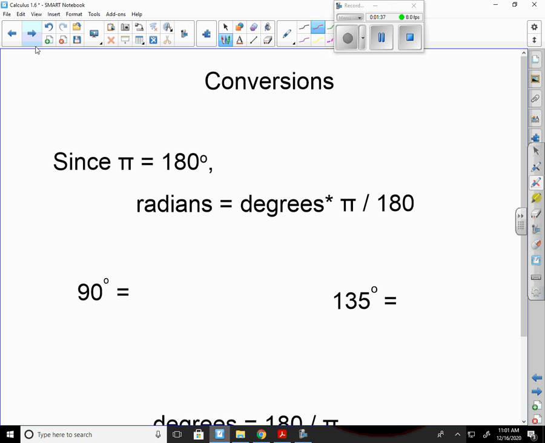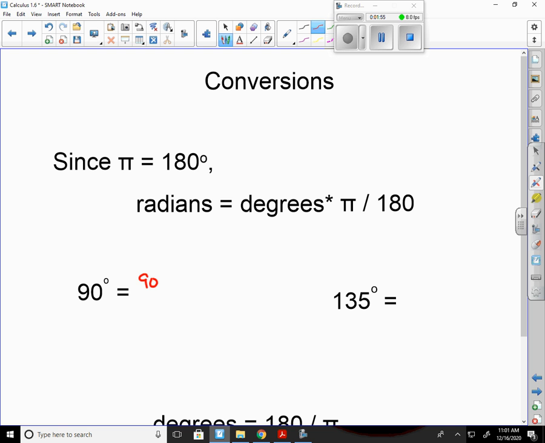Now, conversions, we can go through this fairly quickly because we've done this already. Since pi equals 180, converting radians and degrees, if I want to find my radians, I take the degrees times pi divided by 180.